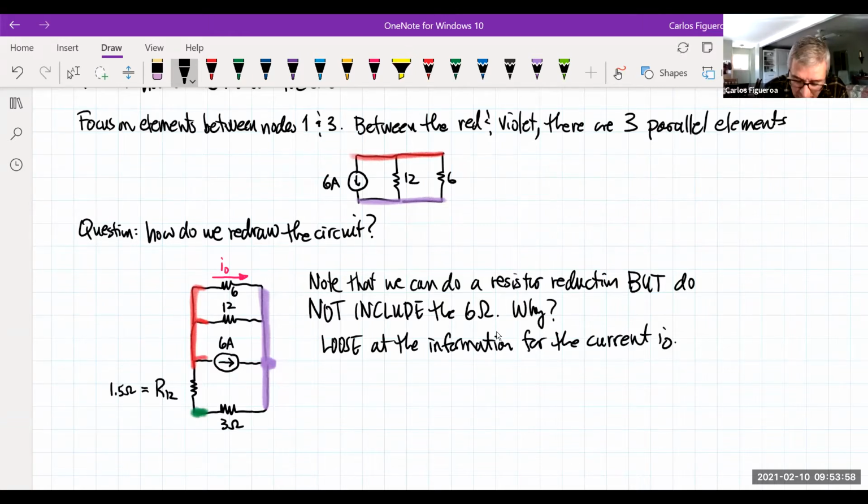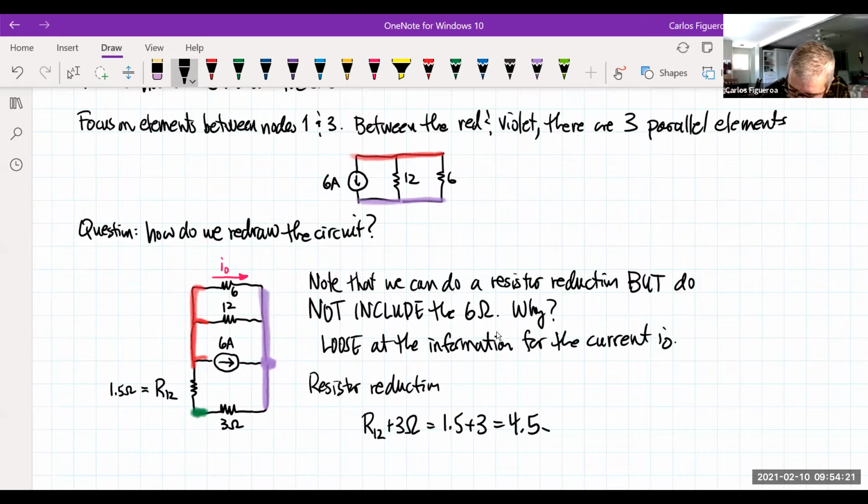So what we want to do here is our resistor reduction. If you look at this, note that resistor 1, 2, and the 3 ohm are in series. So this is really 1.5 plus 3. This is really a 4.5 ohm resistor. And then this 4.5 ohm resistor is parallel to the 12.